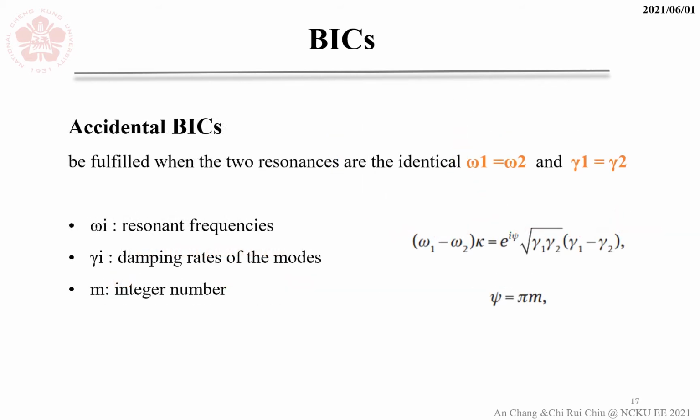These conditions can be fulfilled through the tuning of the parameters of two coupled resonances when omega-1 equals omega-2 and gamma-1 equals gamma-2.